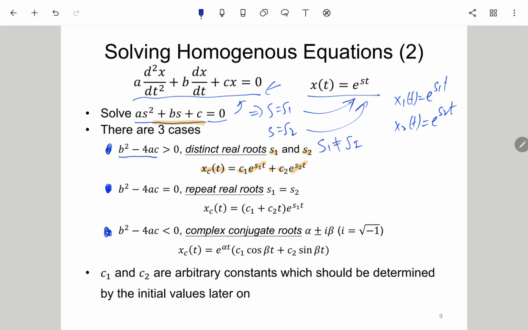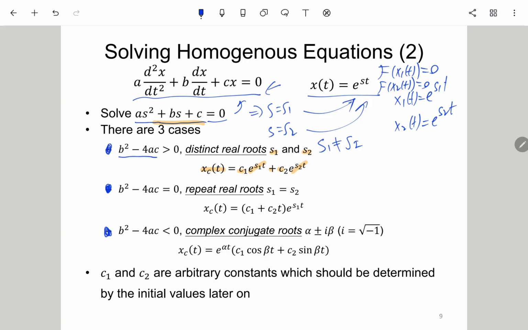Okay, as this one is linear, suppose on the left side we call it the functional f, which means that f of x1(t) is equal to 0, and f of x2(t) is also equal to 0.